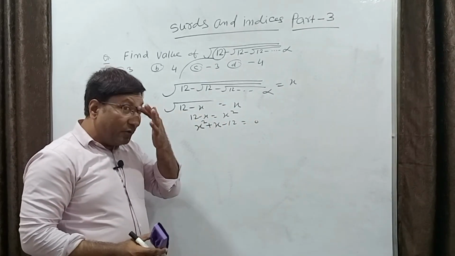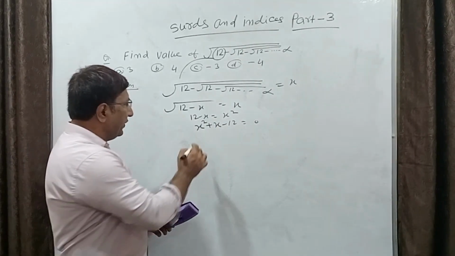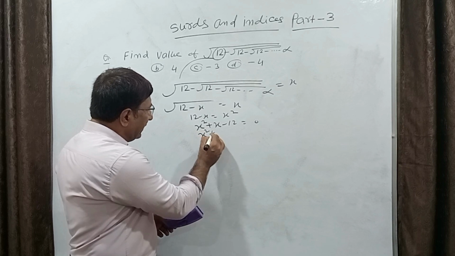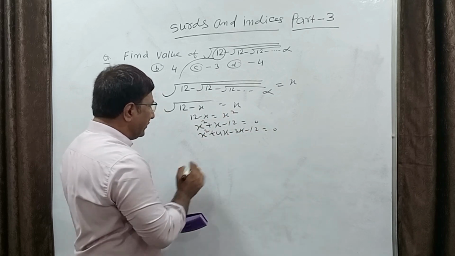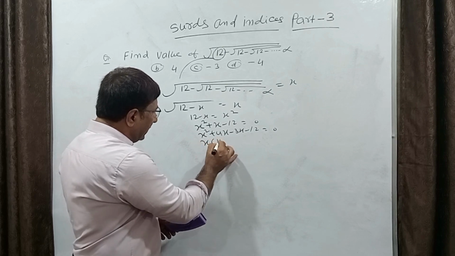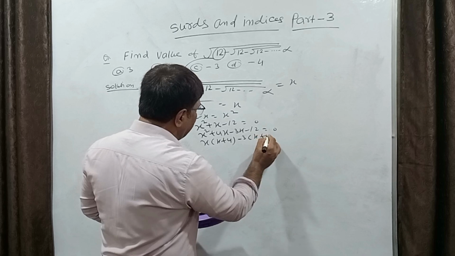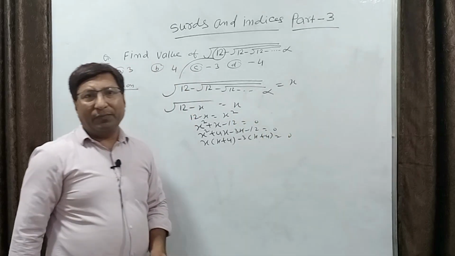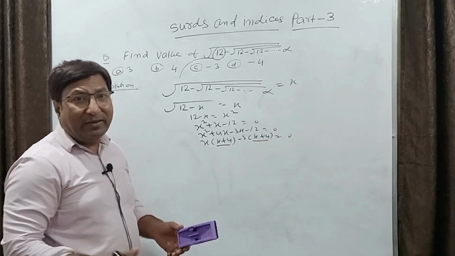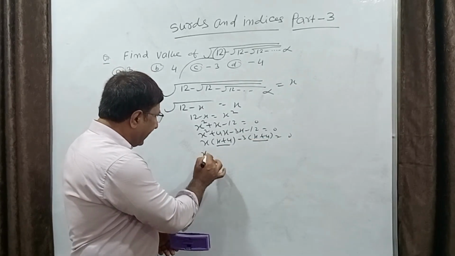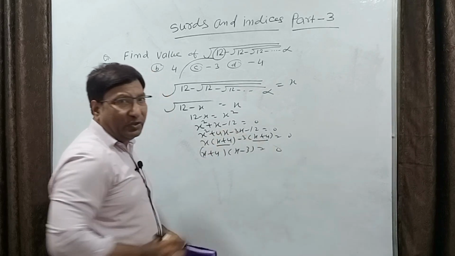Now to solve it we make factors of 12, that is 4 times 3. So x square plus 4x minus 3x minus 12 equals 0. Taking x common, this is x plus 4, and taking minus 3 common, this is x plus 4. In both terms x plus 4 is common, so we take x plus 4 common, and this is x minus 3 equals 0.